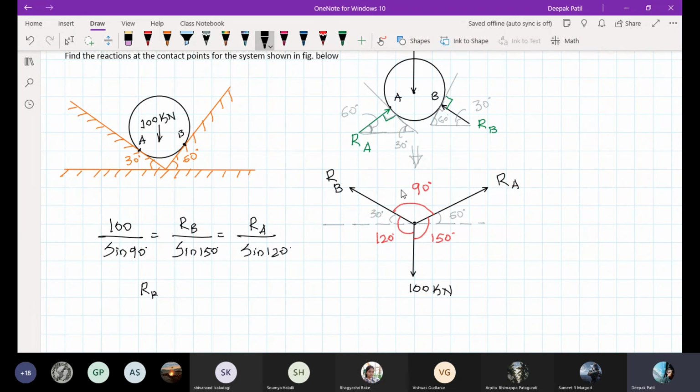As I told earlier, you can get the values. Let me get the value of RB. It is 100 multiplied by sine of 150 divided by sine of 90, which is 50 kilonewtons.